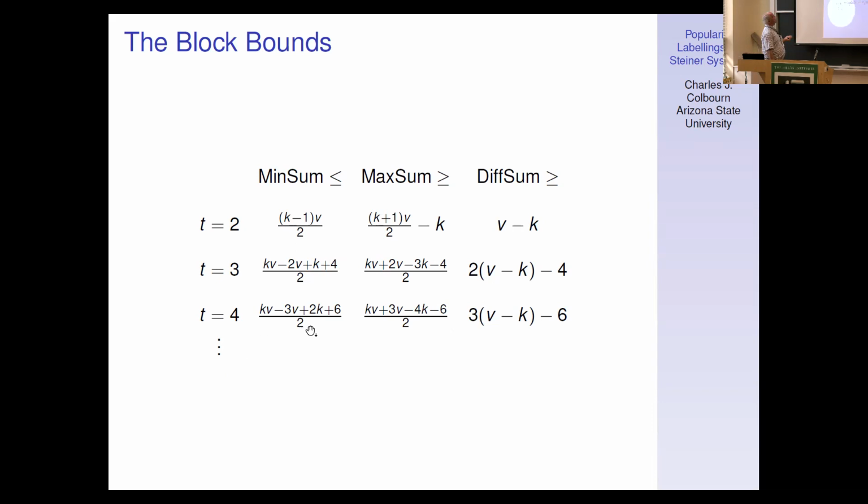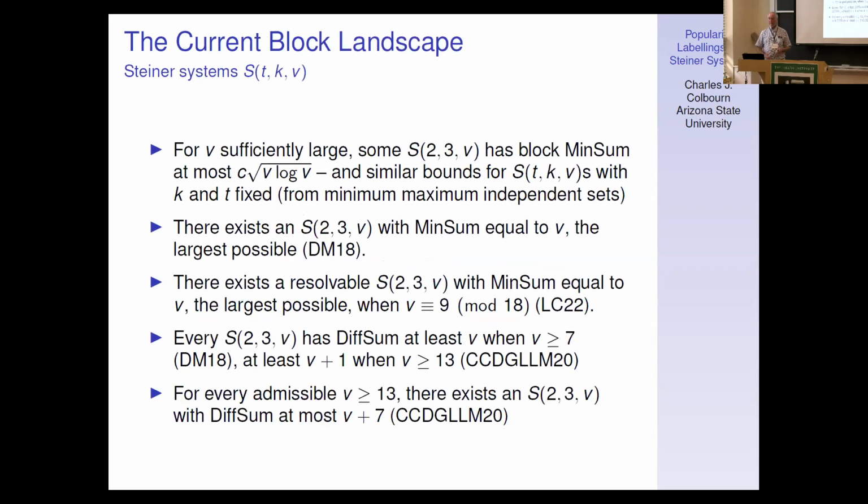For t equal 3, it's still a linear quantity, but now it's doubled, then tripled, and this pattern continues. So the diff sums you're going to expect are going to depend on the v, of course, but also on t and k. I'm not saying that these can be realized. What I'm saying is that nothing better than this can happen.